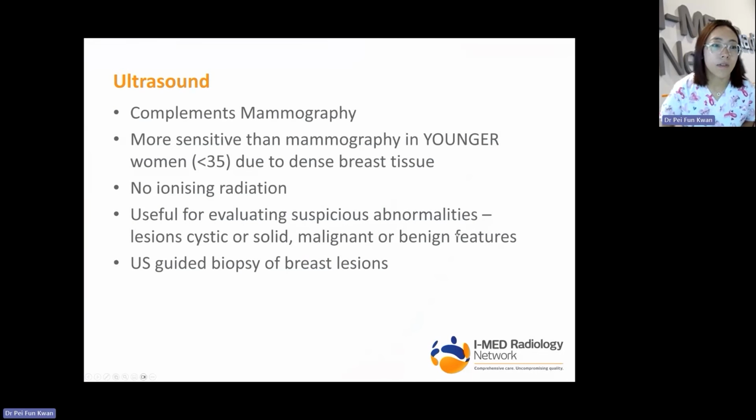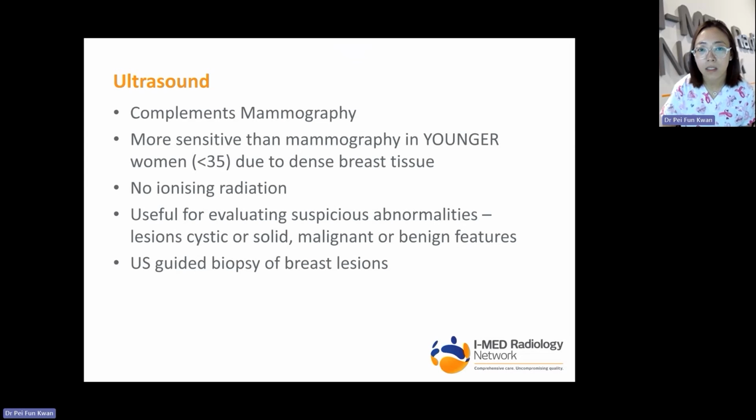And now we have ultrasound. Ultrasound is often done to complement mammogram, and it is much more sensitive to detect breast cancer in a younger age group, because their breast is often very dense, and it doesn't have radiation, and it helps us to evaluate if the lesion is cystic or solid.